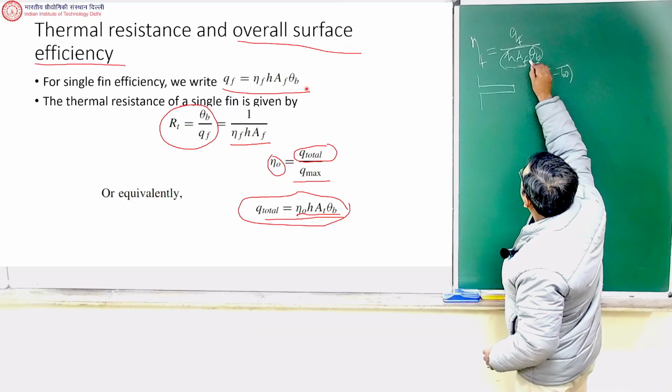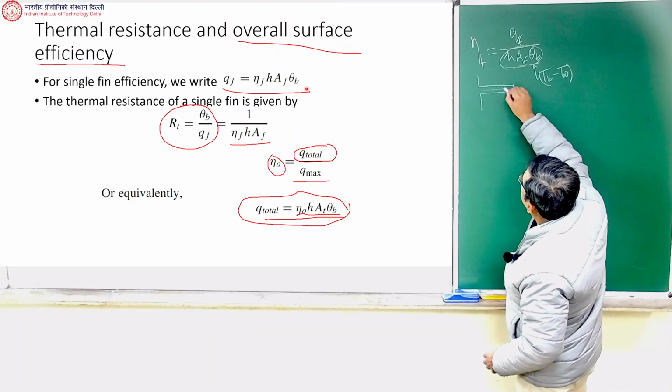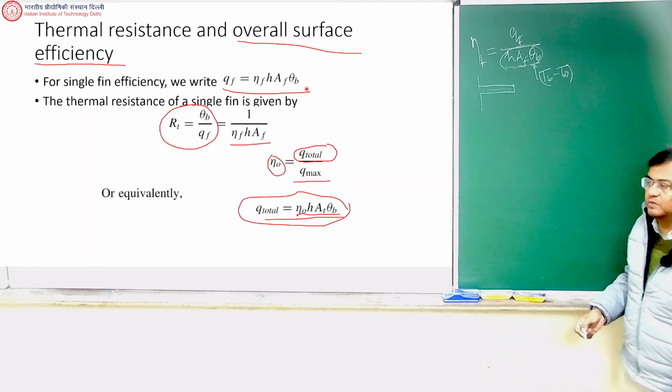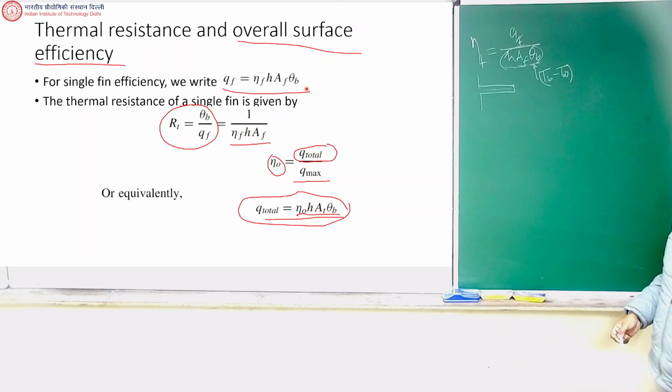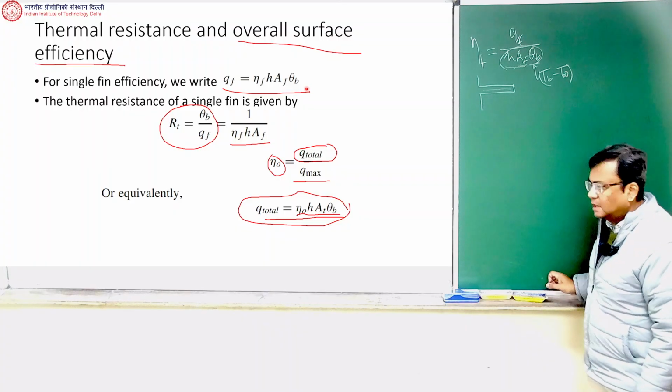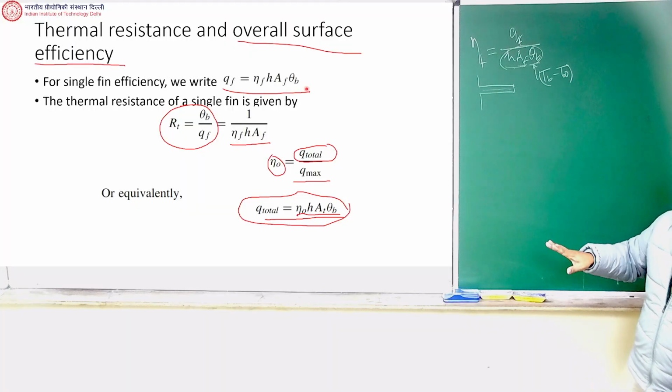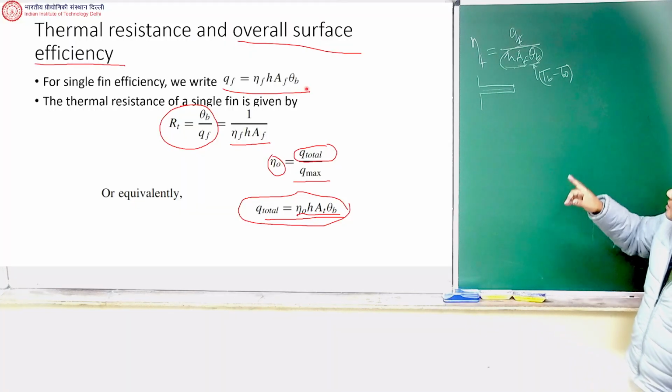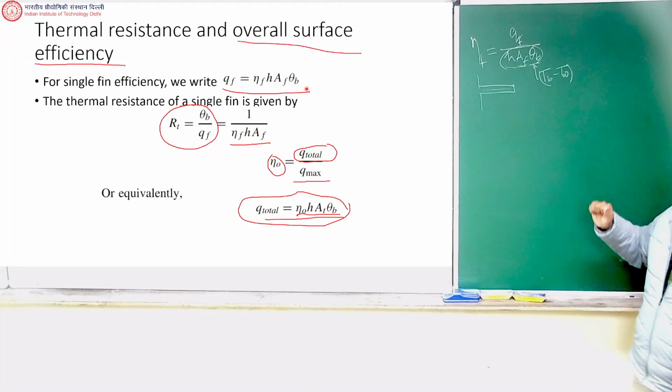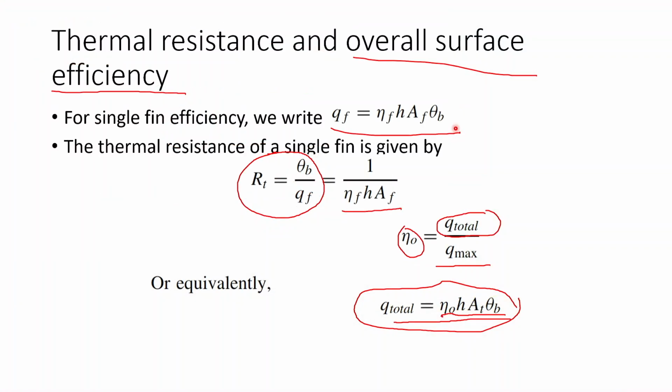So it is HAF theta B if the entire fin can be assumed to be at temperature TB, right? So that's kind of like an ideal case which goes in the denominator. So that's obviously larger than Q through the fin. So we can write QF in terms of eta F.